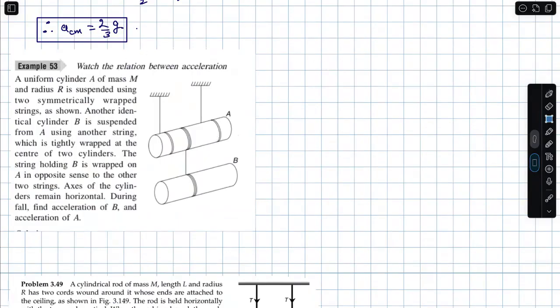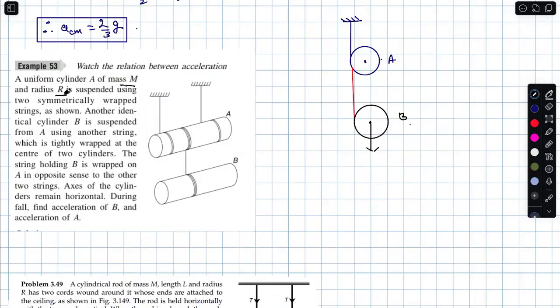Now you call this A. The side view A. This is what I'm saying here. B. Are they the same uniform cylinder?